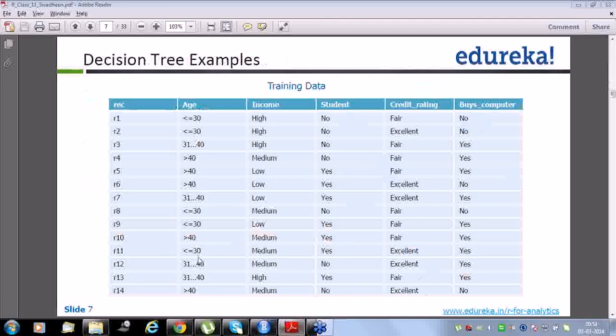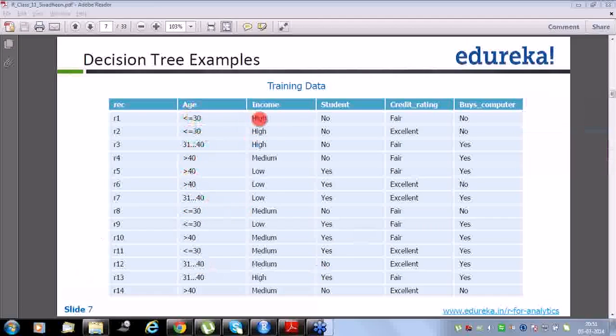So we have sample data for us to look at the analysis. Look at this data. We have REC, that may be the record ID. Age is basically converted into 3 bins: less than 30, 31 to 40, and greater than 40.